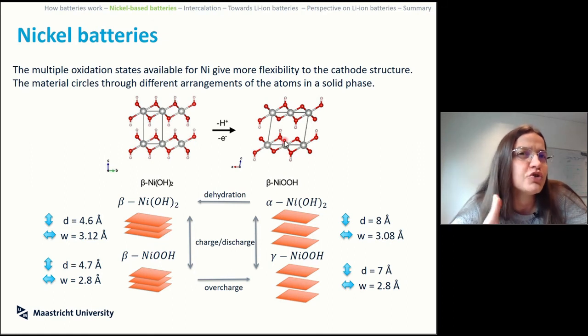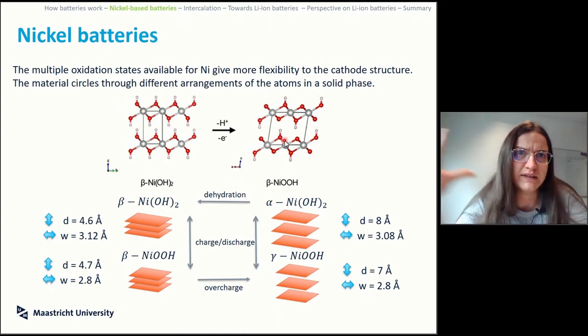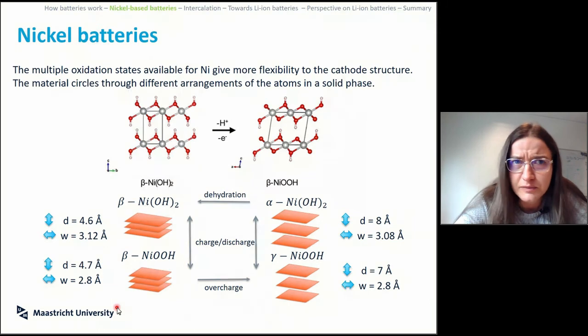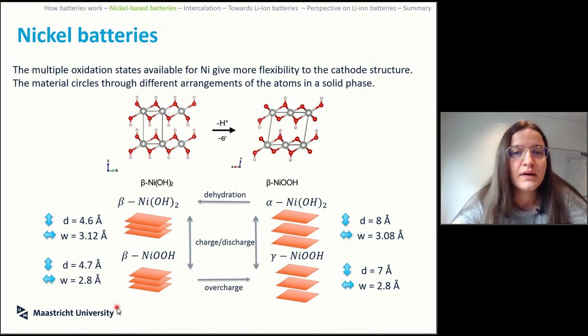You don't want a huge shift, because a huge shift will mean that your material is doing this as the cell is going on. It's not ideal. So if you manage to charge and discharge between these two, you can see that the distance and the width of these planes is basically equal, not exactly equal, but fundamentally speaking, a very tiny difference.